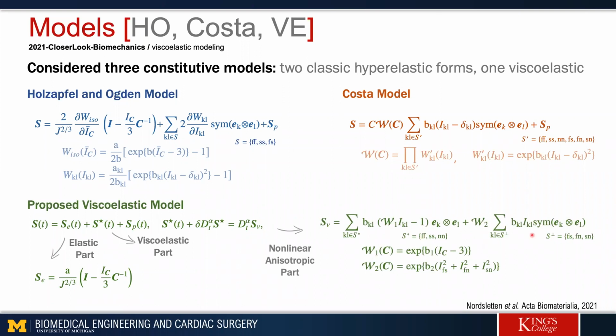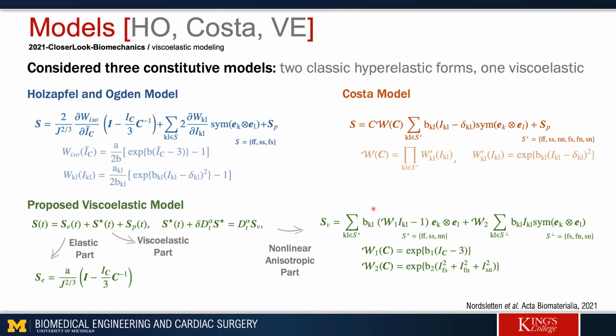And again, I don't want to get too bogged down in the specifics of this, but I will point to what I think is the more key element, which is that we borrow from both the Holzapfel and the Costa models. The idea here was to have some coupling between different components, similar to what Costa did, but to separate out the principal directions, so the fiber, the sheet, and the normal, from the cross components, so the fiber-sheet, the fiber-normal, and the sheet-normal.